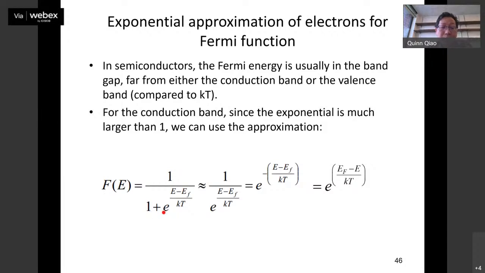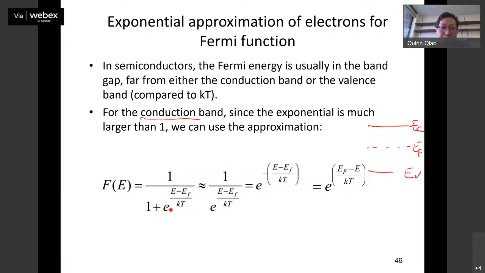This is 1 over 1 plus exponential of (E minus EF) over kT. If you think about the conduction band, the conduction band is here and the Fermi level is here, with EC and EV.